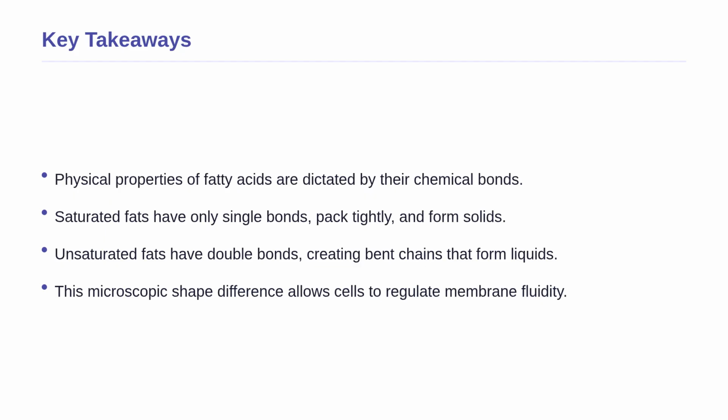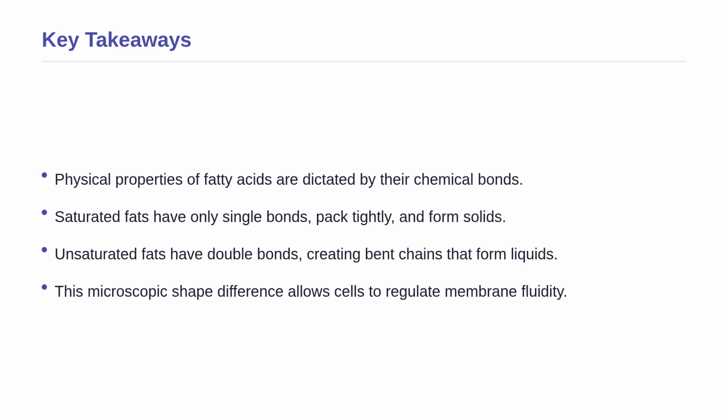We have reached the end of our journey, so let us summarize the key takeaways. First, remember that the physical properties of fatty acids are entirely dictated by their chemical bonds. Saturated fatty acids have only single bonds, creating straight chains that pack tightly into solid fats.